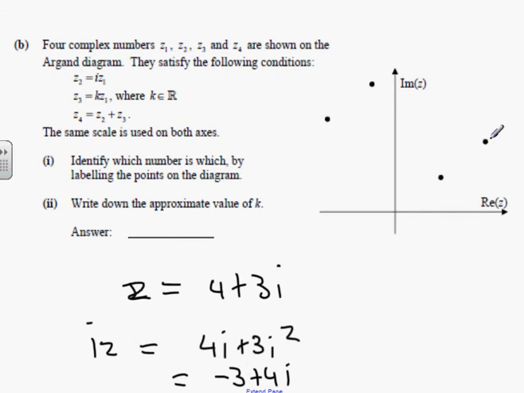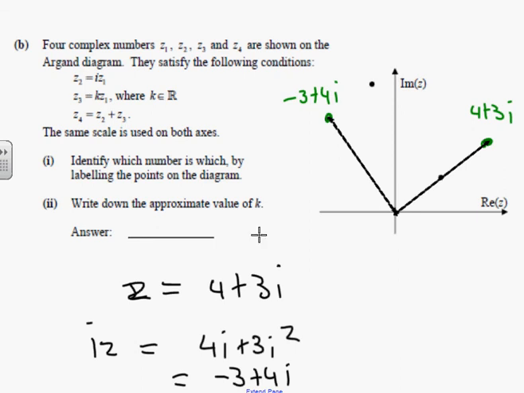So, if you imagine that this one here was 4 plus 3i, you multiply it by i, and all of a sudden it ends up as minus 3 plus 4i. What it's undergone, when you multiply by i, is a 90-degree rotation. Do you understand that? So in this exam, you could have drawn a straight line between both of them, and you could realise which ones are at 90 degrees to each other.